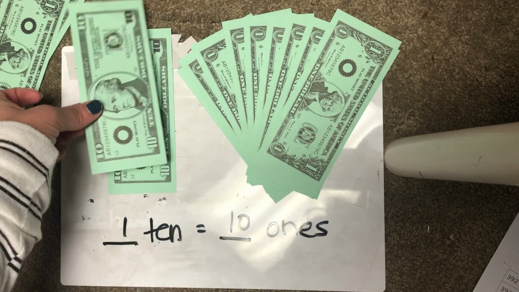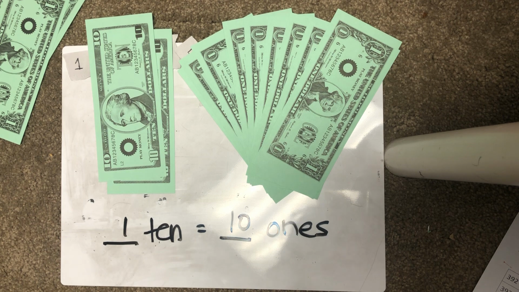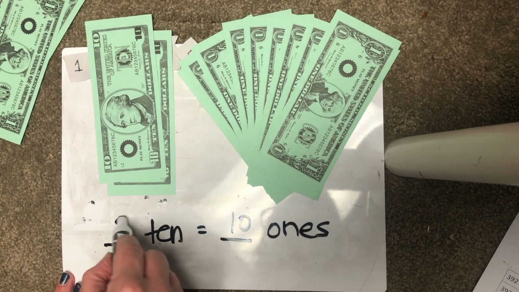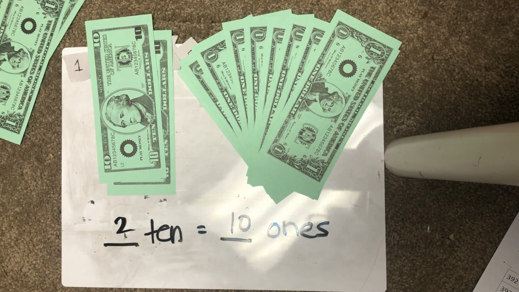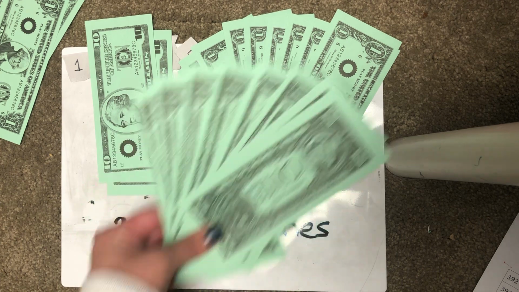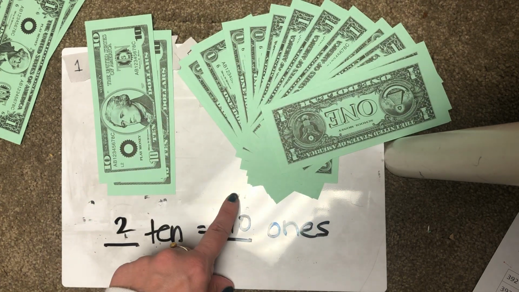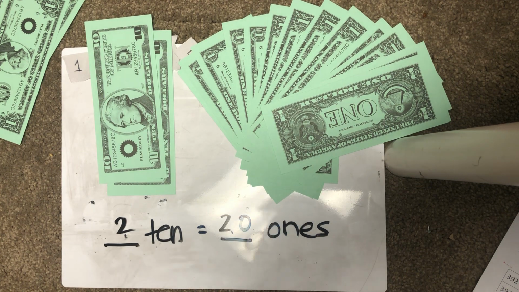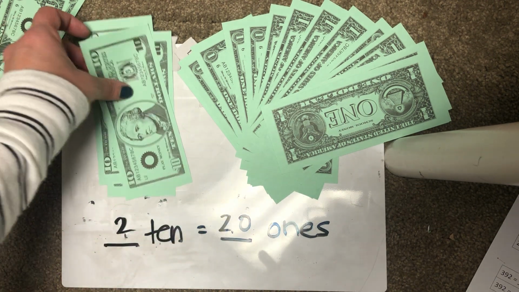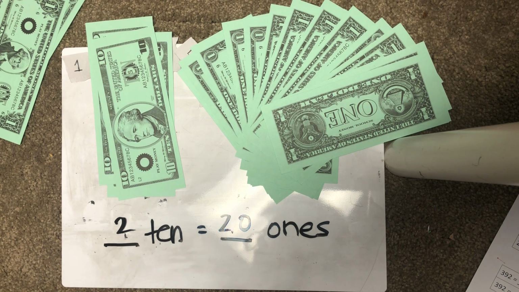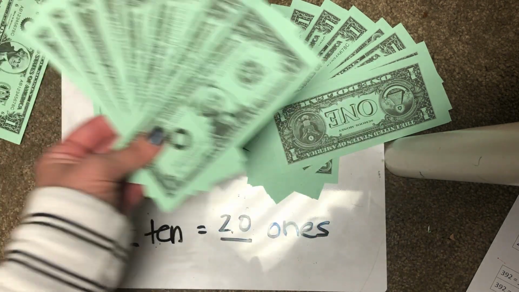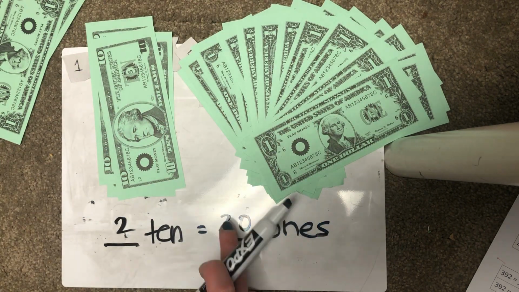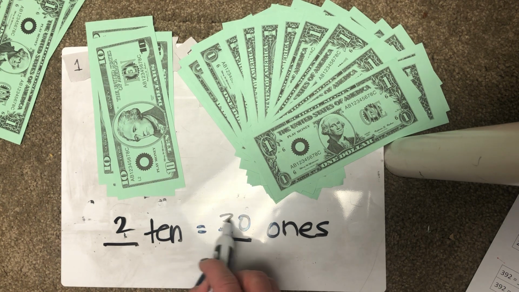So if I include another 10, I'm going to include another set of ones. So that was 10 more. So counting by tens, that would go up to 20. Okay. Here's another $10. So I'm going to include another set of 10. So counting up by tens, that will be 30.